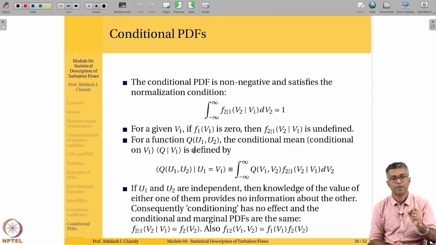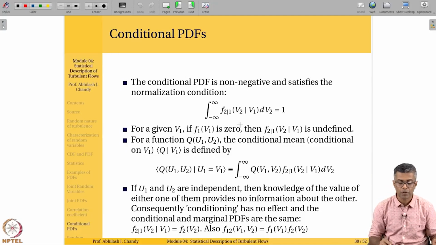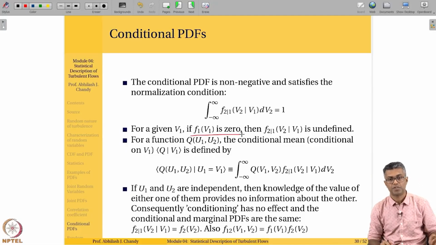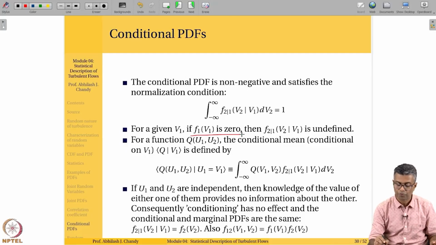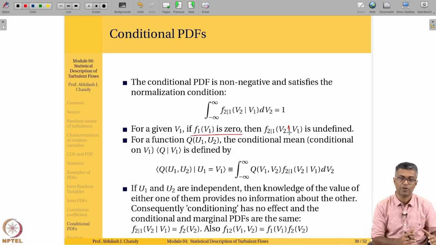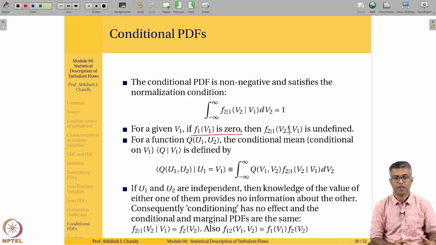The conditional PDF is non-negative and satisfies the normalization condition. Just like any other PDF, it satisfies the normalization condition. For a given V1, if F1 of V1 is 0, then F2 of V2 conditioned on V1, so the bar here indicates that it is conditioned on V1, meaning for a fixed value of V1, what is the joint PDF?